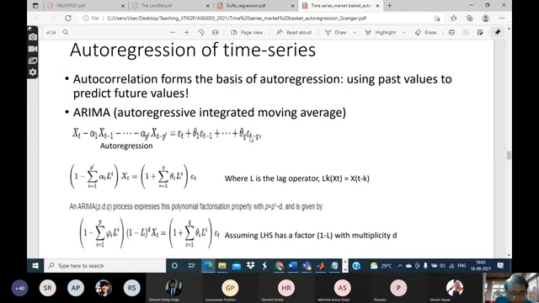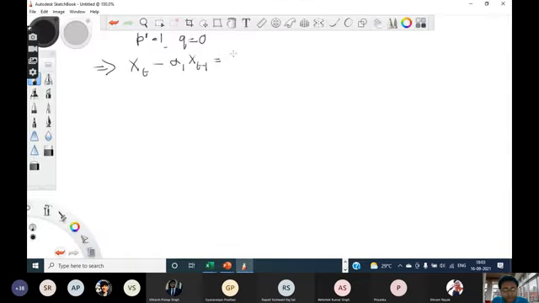Since q is equal to 0, that means I do not consider any of the past noise terms. I just consider only this epsilon t, that means the error term or the noise term at the current time. So this is what we get. This is the way we are making the forecasting.